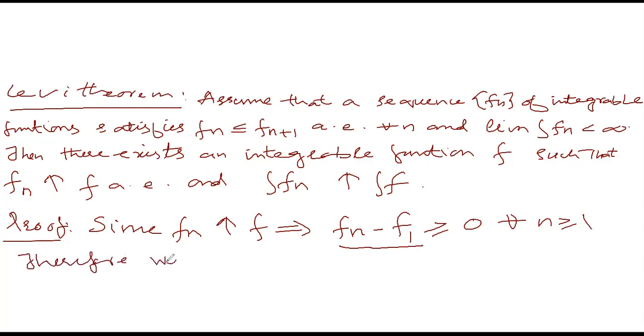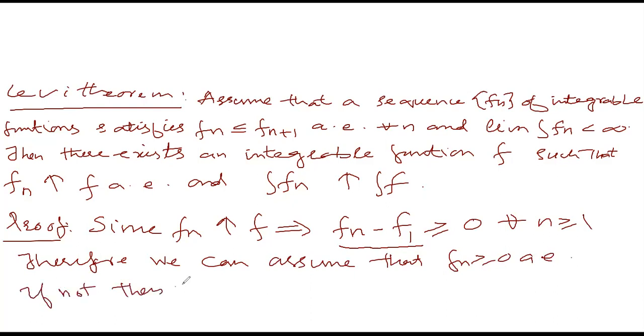Therefore we can assume that fn is greater or equal to 0 almost everywhere. If not, we replace fn by fn minus f1.